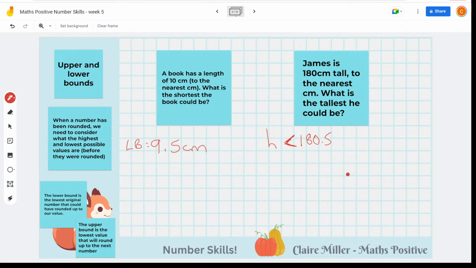So hopefully that makes a little bit of sense. Brilliant. So we can use these inequality signs to help us express this a bit better. But otherwise, you would just say the upper bound is 180.5. So that's the top boundary for his height.